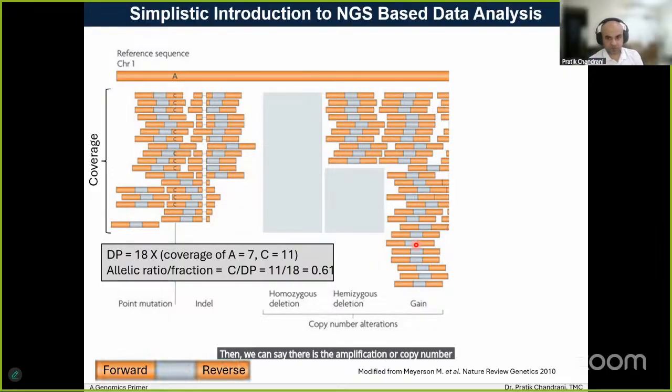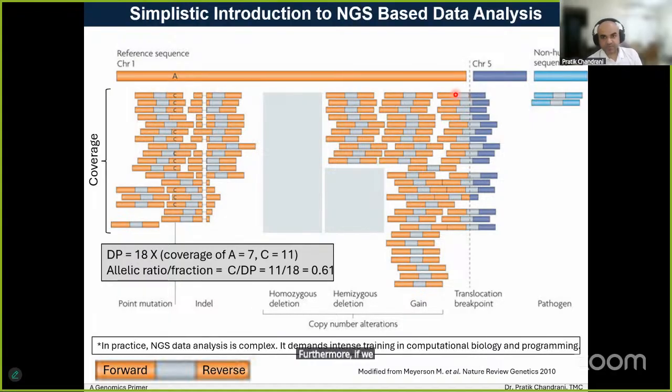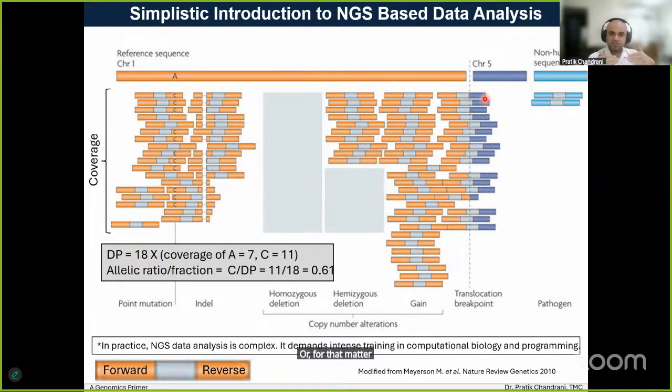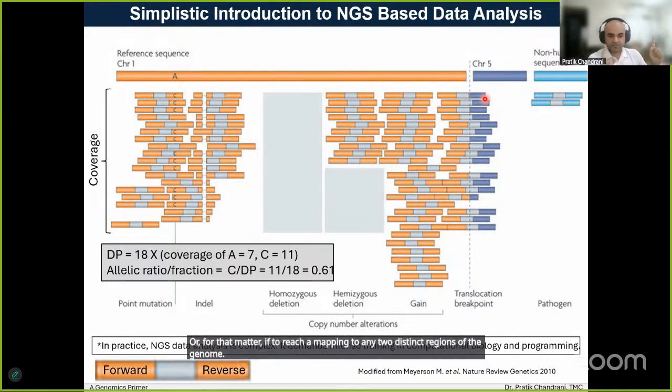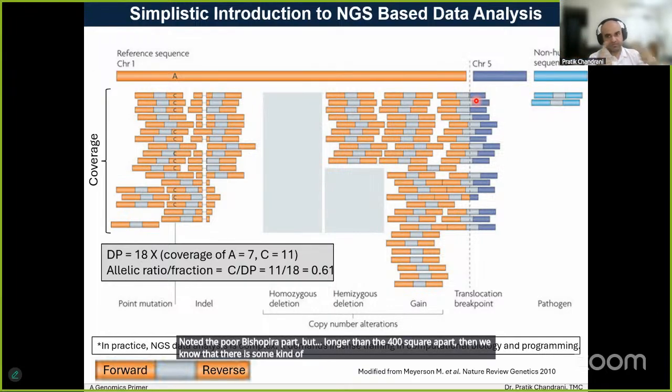Furthermore, if we have a read pair in which the forward read is mapping to chromosome 1 and the reverse read is mapping to chromosome 5, or for that matter, these two reads are mapping to any two distinct regions of the genome, not at the 400 base pair apart, but longer than the 400 base pair apart, then we know that there is some kind of gene fusion happening in the DNA.